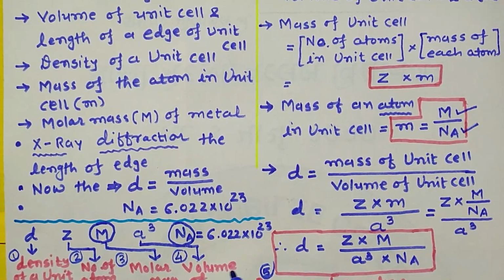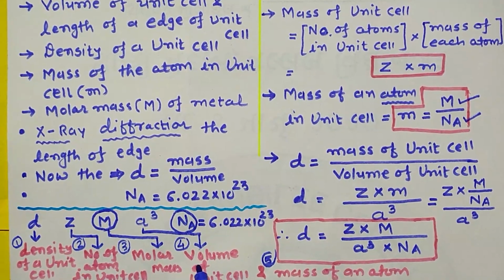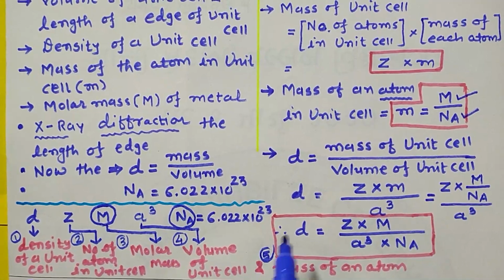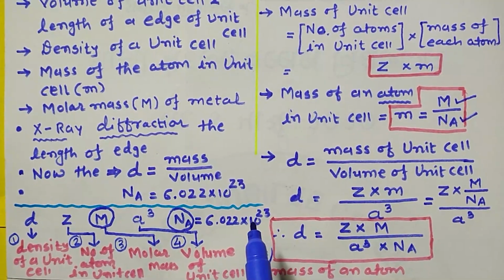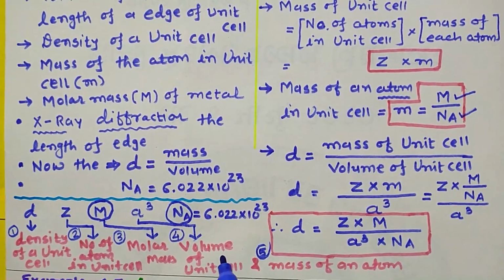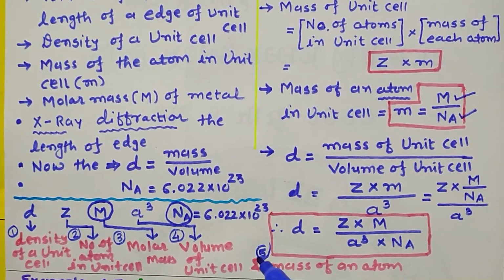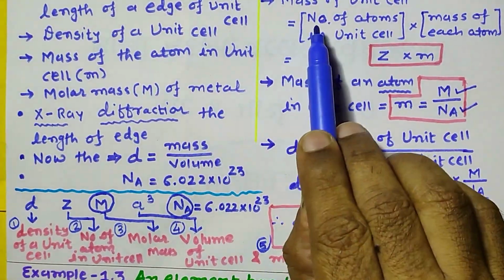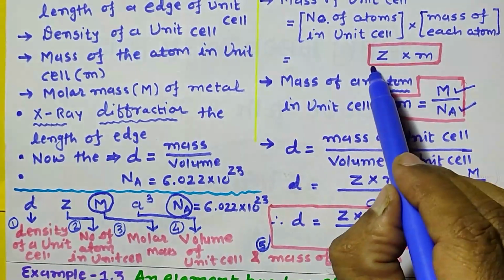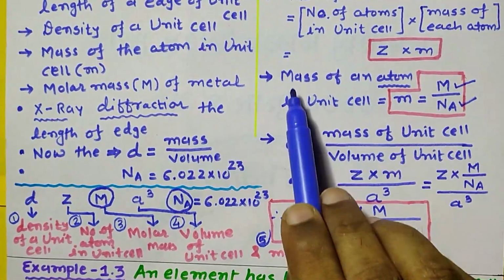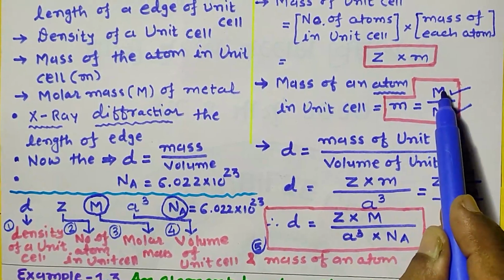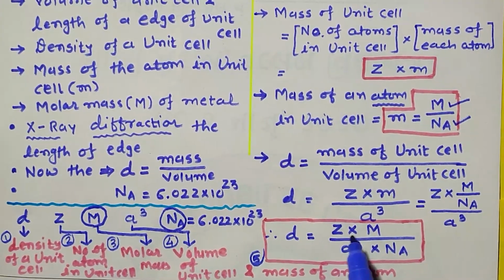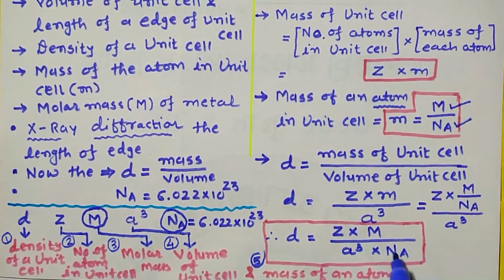So first, to start numericals, it is very important that this point must be in your mind. So take your note and pen, write down all the points and derive the formula. You must have the formula: mass of a unit cell Z into m, mass of an atom small m equals capital M upon Na, density of a unit cell is equal to Z into M upon A cube into Na.